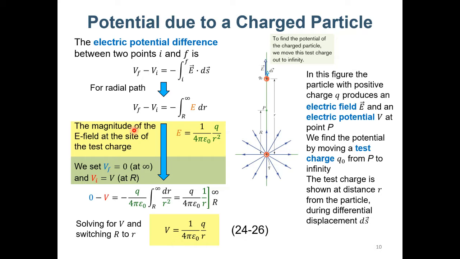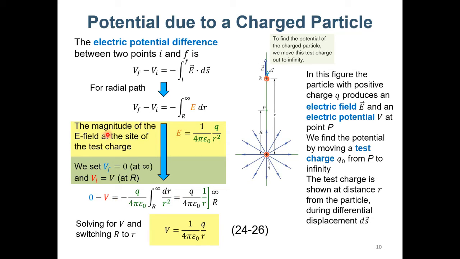Maybe you have a question why we assume Vf to be 0 at infinity and Vi to be V at R. If we change it, definitely we should get the same result, but it is very easy to make some mistakes. It should be very easy to make some mistake, and you turn out with a negative sign, but actually it may only be due to your math not being good enough, maybe.